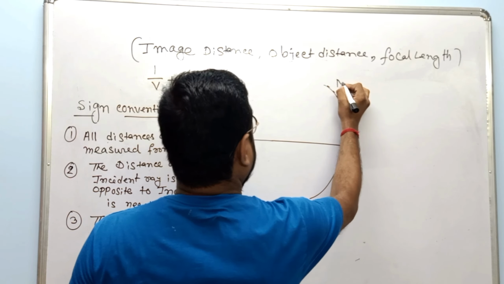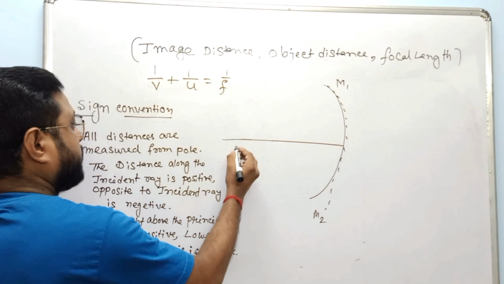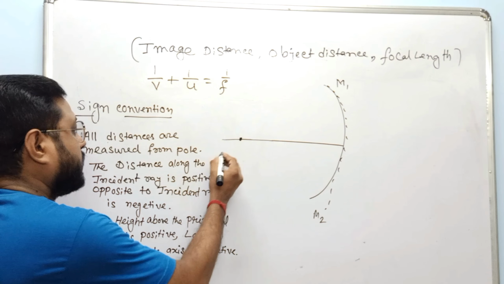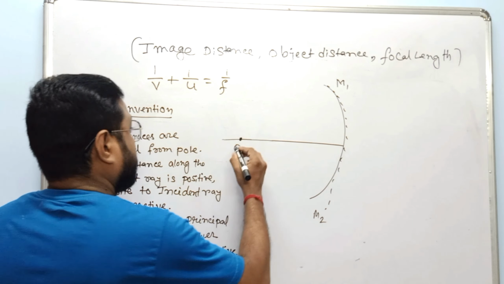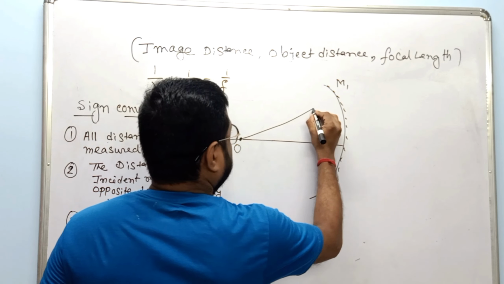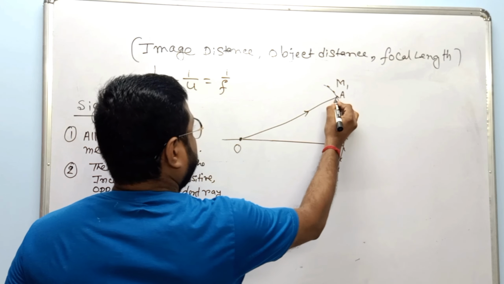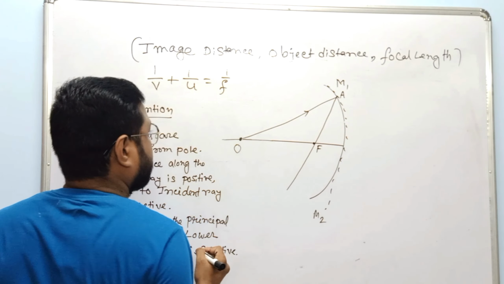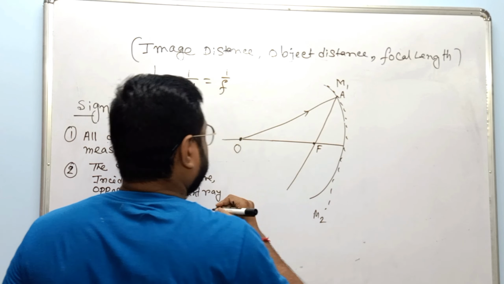Suppose this is a concave mirror M1, M2. Now, suppose a point object O is taken on the principal axis. The ray from the point object O is incident at a point A, then passes through the point F along this point.